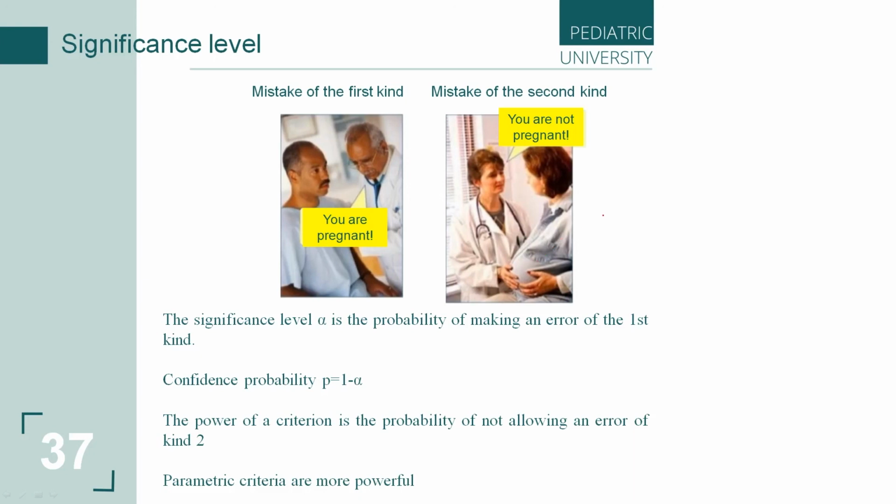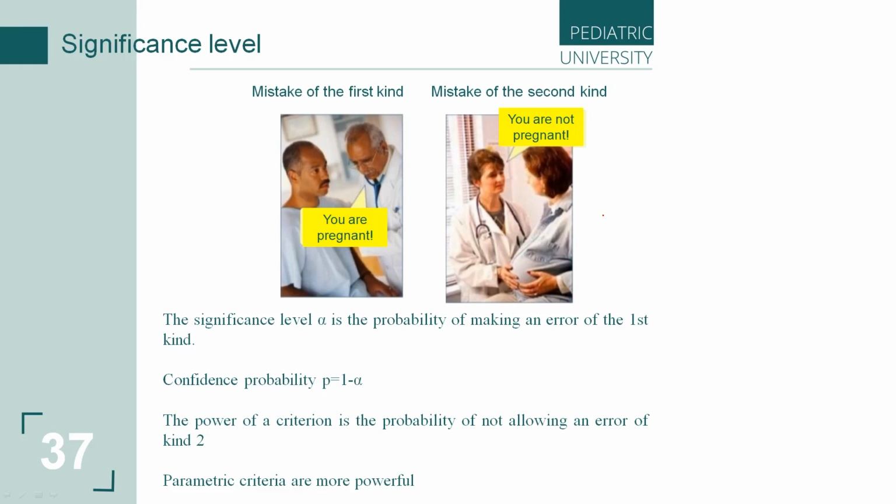The probability of making an error of the first kind is called the significance level, alpha. The probability of not making an error of the first kind is one minus alpha, the confidence level.